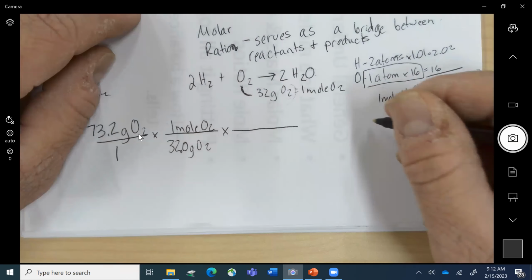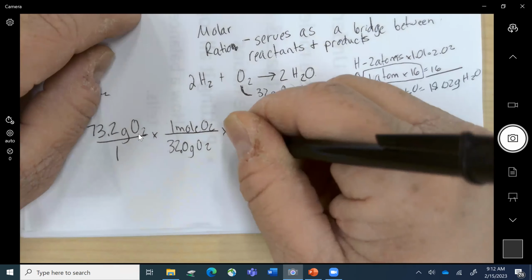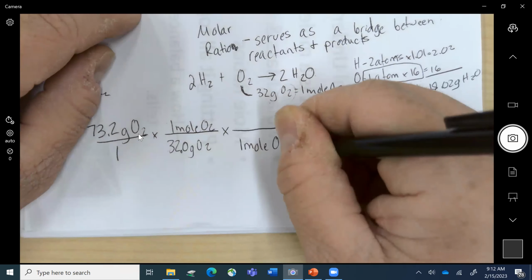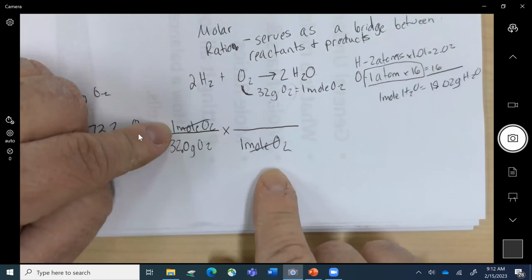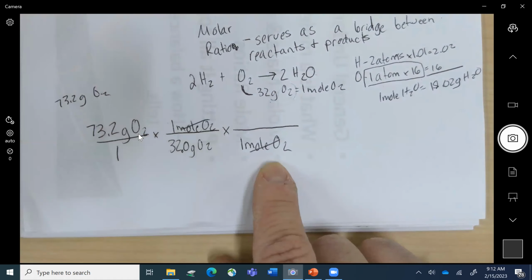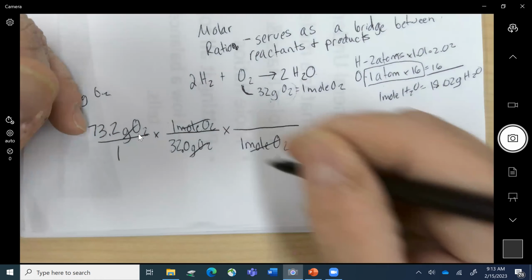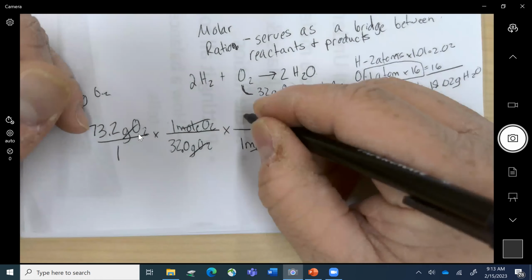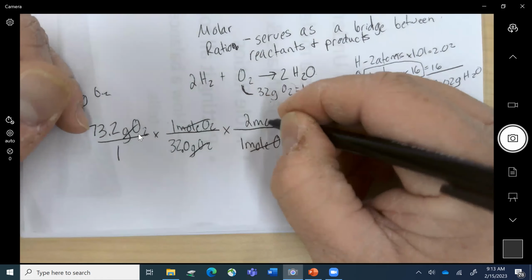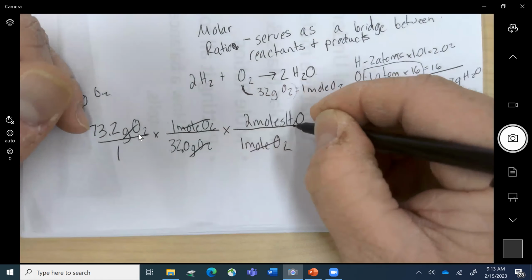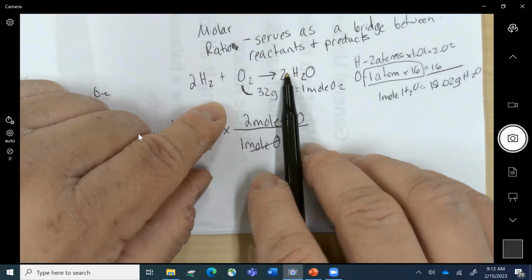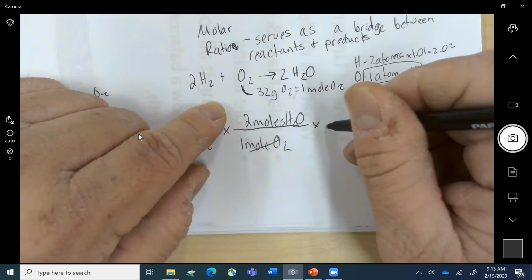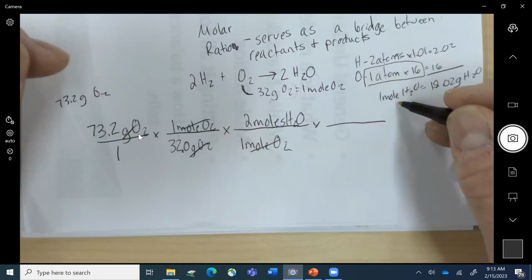From my balanced equation, 1 mole of O2, the reason it's 1 is because it's mole up here, mole on the bottom of oxygen. It cancels, just like the grams here cancel. Well, it's to 2 moles H2O, and that 1 comes from here, 2 comes from there in our balanced equation. Now, how do I get moles of water to grams of water?